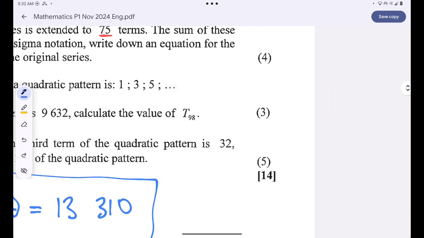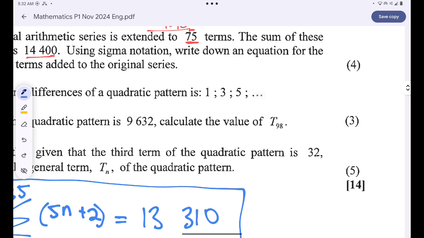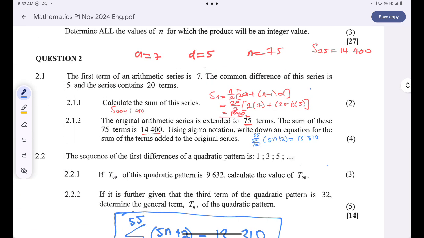Okay, let me write it here. So the sum of the terms that were added, remember that the terms were 55 and the general term is 5n plus 2, and the sum is just 13,310.